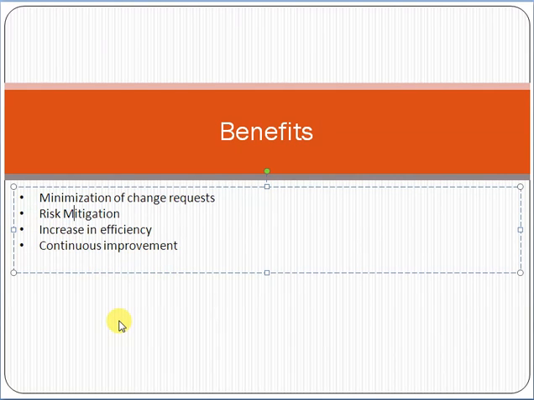It will increase the efficiency. Why? Again the same thing: in collaboration, everyone is helping each other, sharing knowledge and experiences, which can be very helpful for other persons. Continuous improvement: because people are collaborating with each other, everyone feels that he is learning, and if he feels he is learning, he will feel that he is improving continuously.